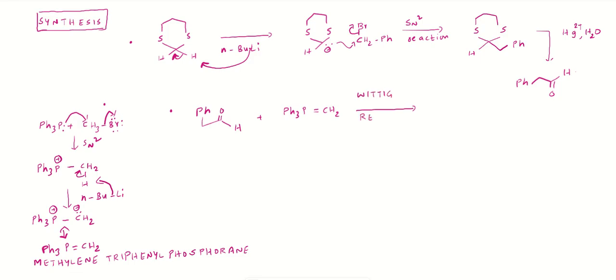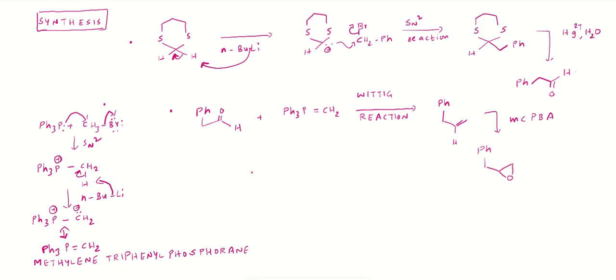Therefore we will get PhCH2CH=CH2. Now this is treated with mCPBA, metachloroperbenzoic acid, and that gives rise to an epoxide.